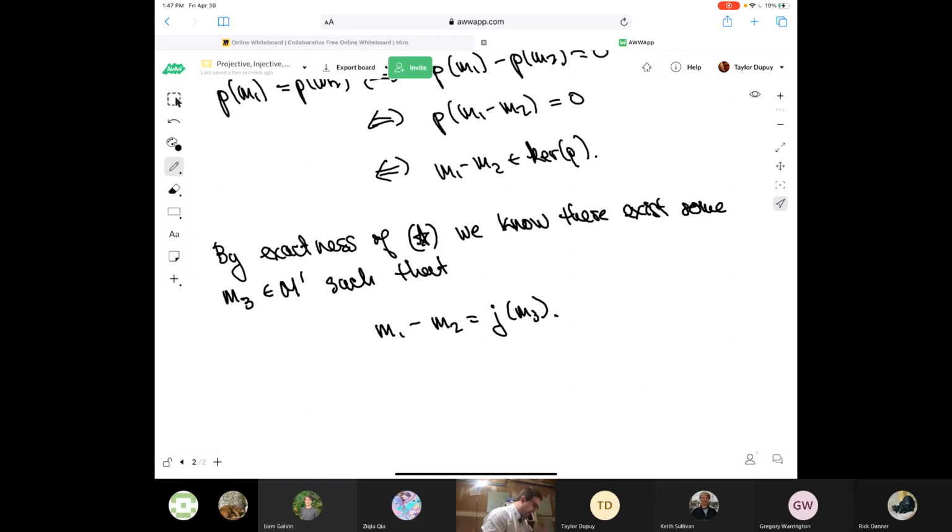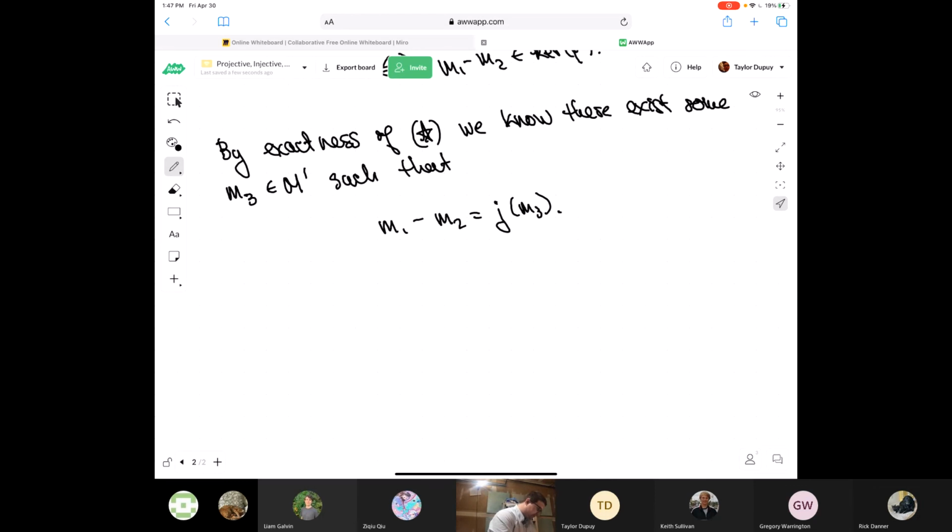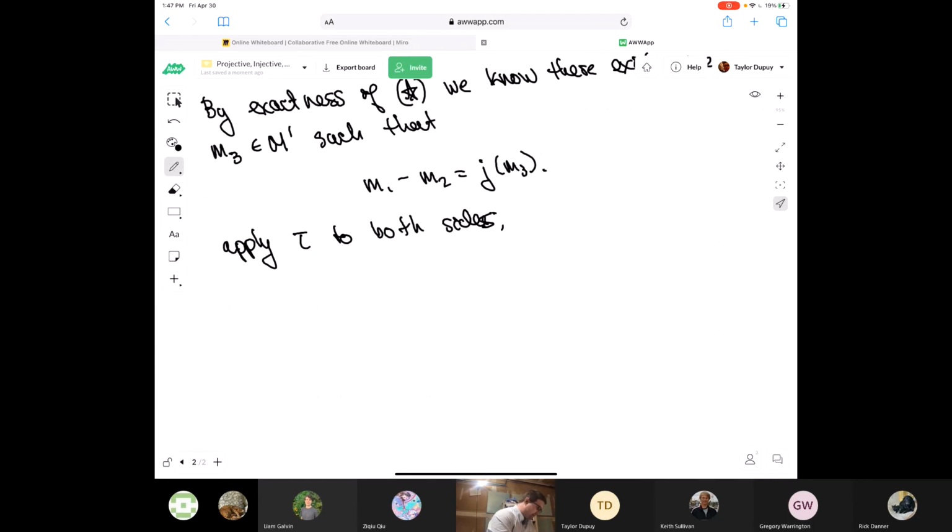So let's apply tau to both sides of this equation. Okay, so tau is a linear map. So we get tau of M1 minus tau of M2 is equal to tau of J of M3.